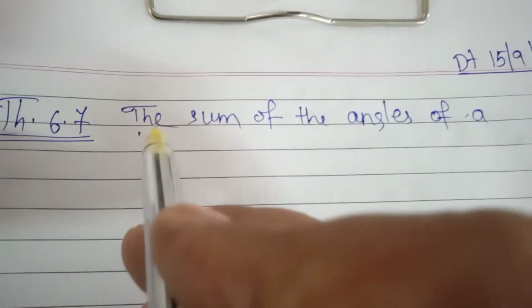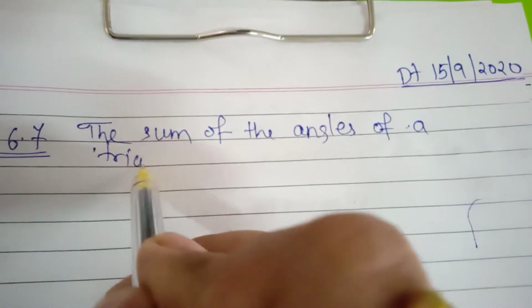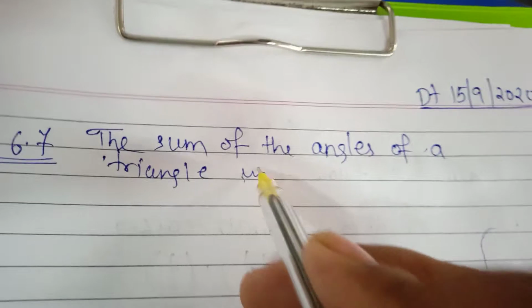That is the sum of the angles of a triangle is 180 degrees. The sum of the angles of a triangle is 180 degrees.